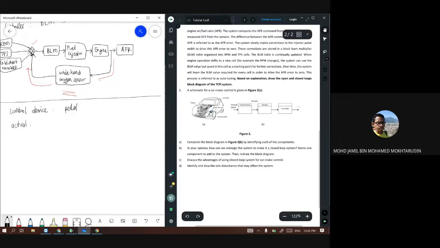From the figure, after we press the pedal, the engine will work harder according to the amount of pressing on the pedal. So the actuator is the engine, and the car body is the place where everything takes place. So the car body is the plant or process.